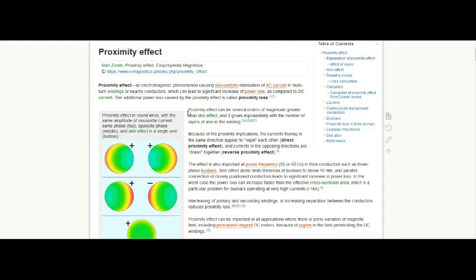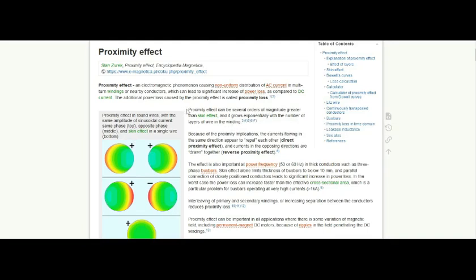And this one's important. Proximity effect can be several orders of magnitude greater than skin effect. And this is one where I had to look up, and I finally found one of the references that wasn't paywalled. It grows exponentially with the number of layers of wire in the winding.